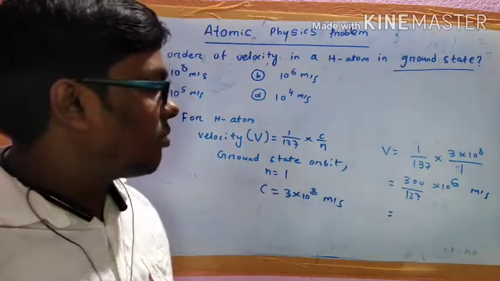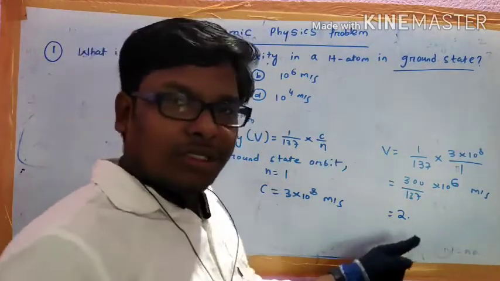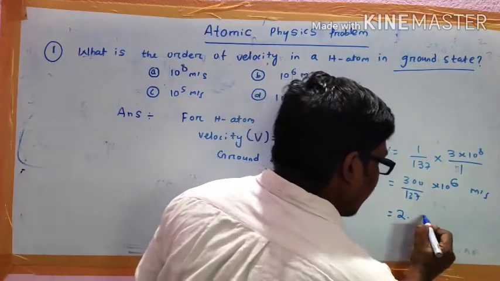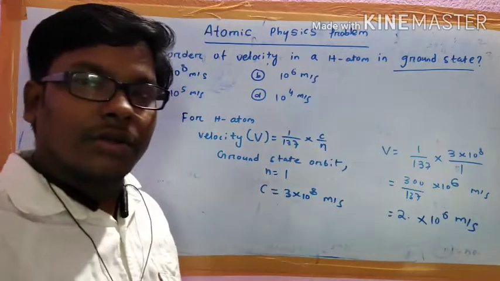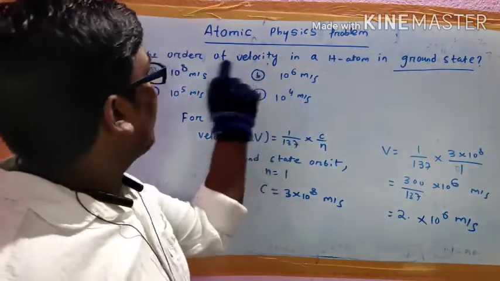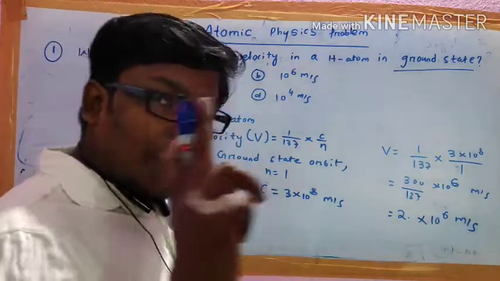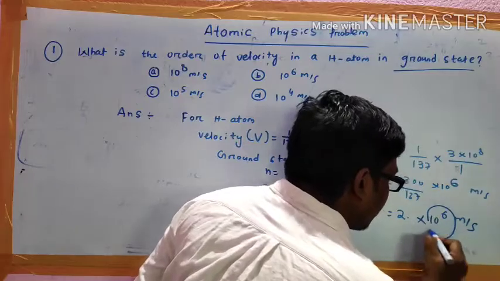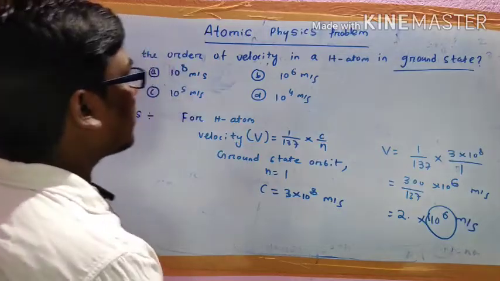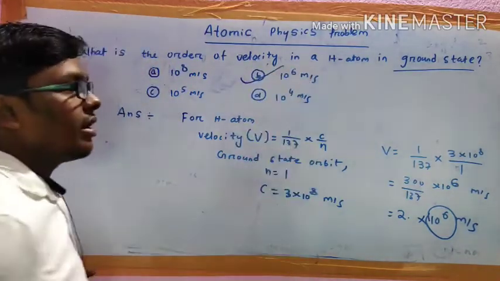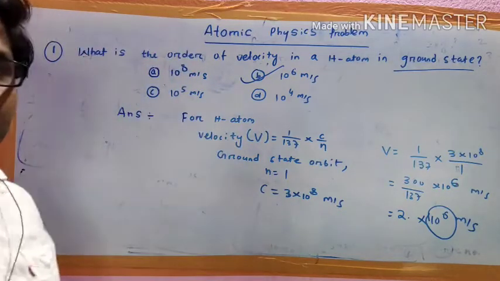So this becomes 2 point something into 10 to the power 6 meter per second. It is asking about order, so we only consider the power, that is 10 to the power 6. So the answer is option B. Please note it down.